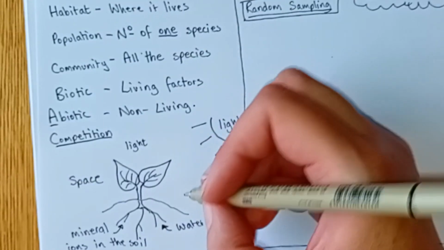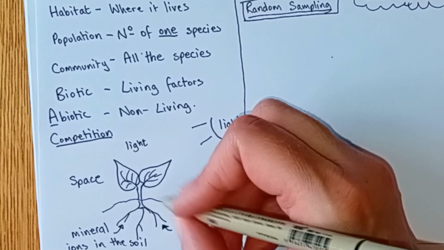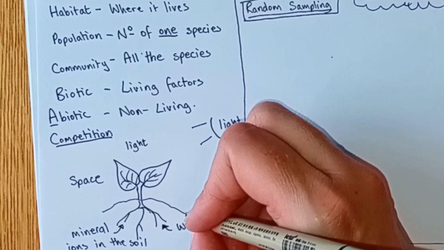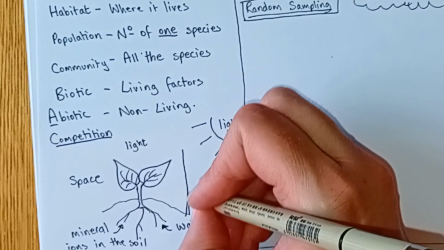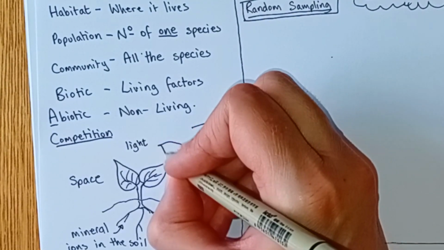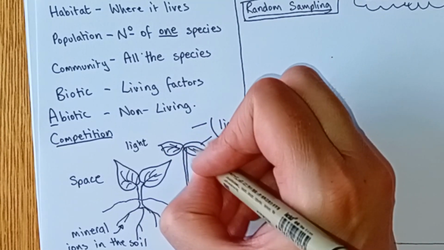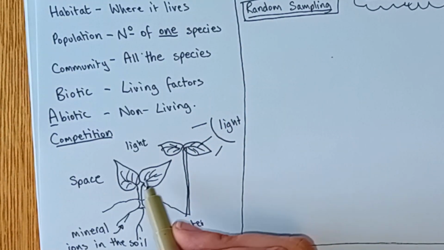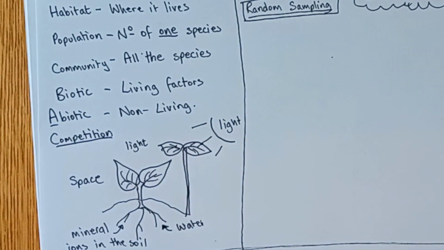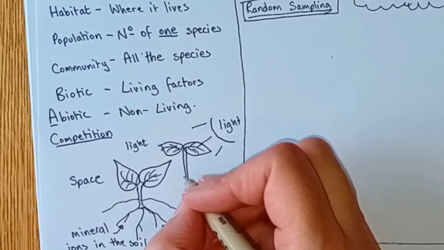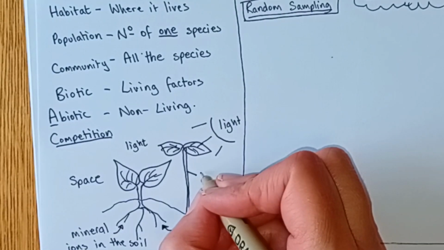There's also competition from other species of plants. So if this plant happens to grow next to, unfortunately, a taller plant, that might pinch the light and put the other one in shade. Right. So plants can have competition from abiotic factors, but they can also have competition from biotic factors, another living thing.